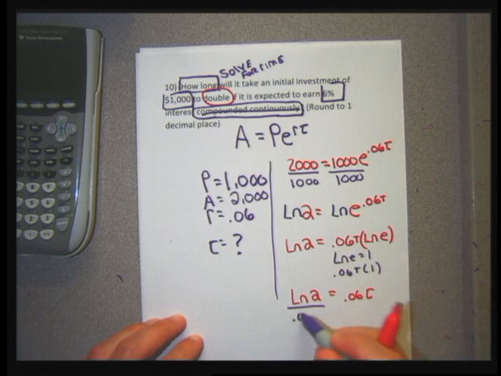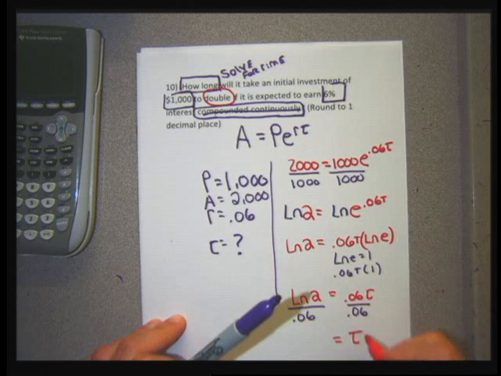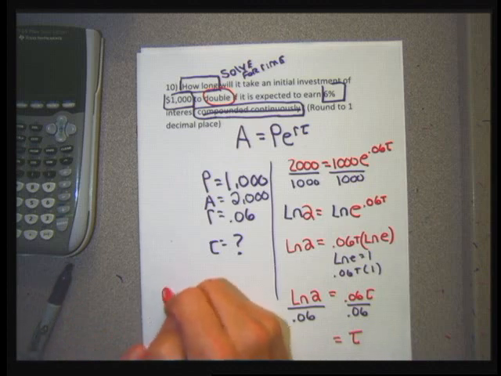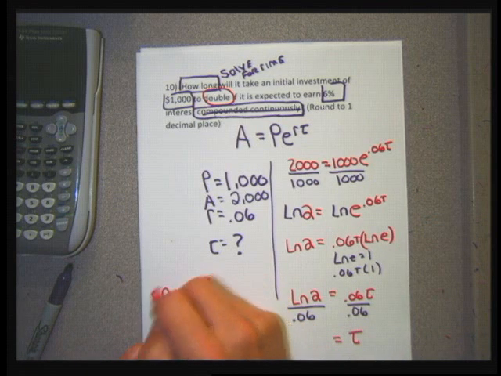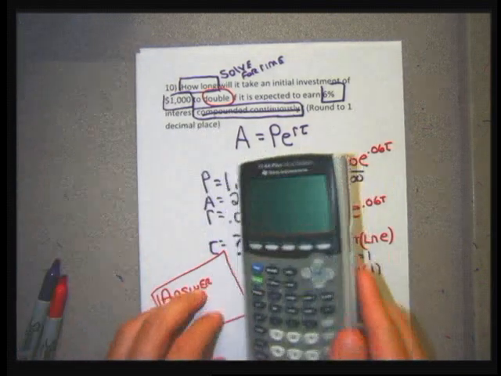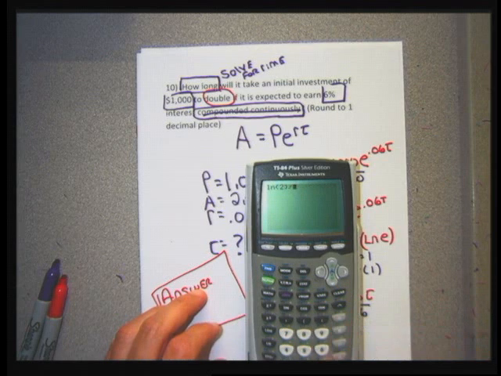I can divide both sides by 0.06. The right side I can do the division without a calculator. The right side, the 0.06 cancel, and it actually takes me to my answer for t. And on the left side, I'm going to use my calculator, and I'm going to round to 1 decimal. So I'm going to go natural log of 2 divided by 0.06. So I go ln 2 divided by 0.06.